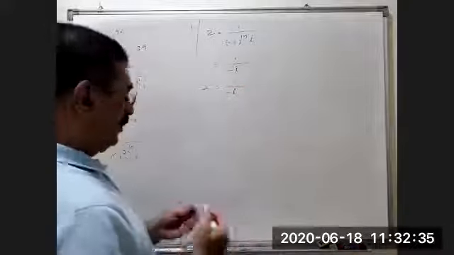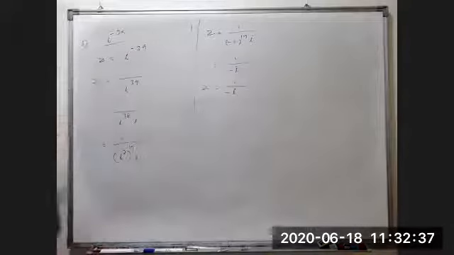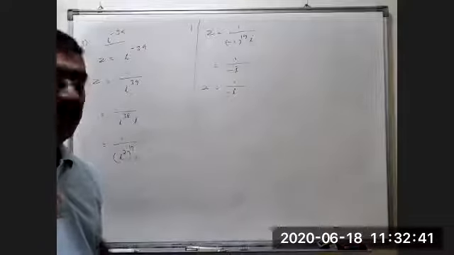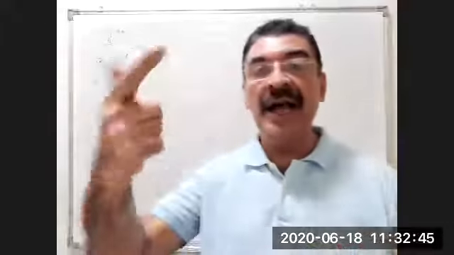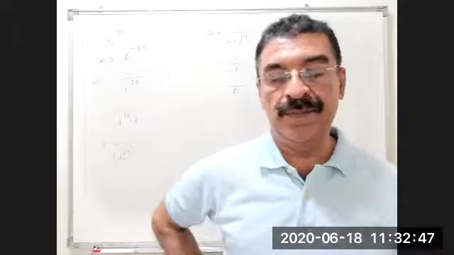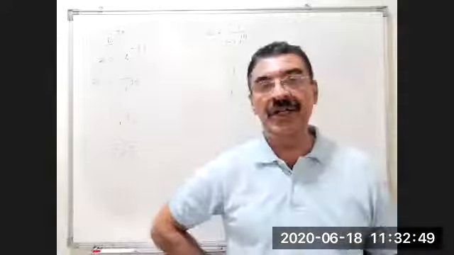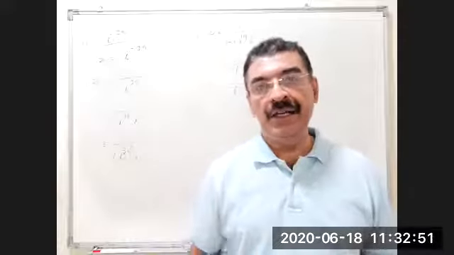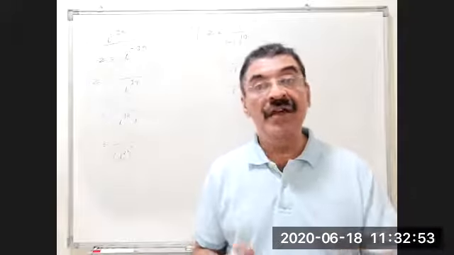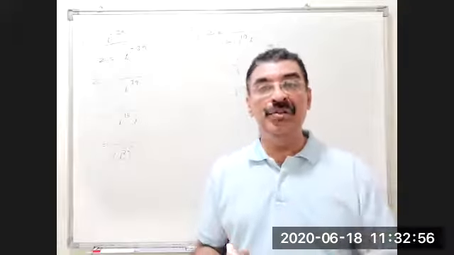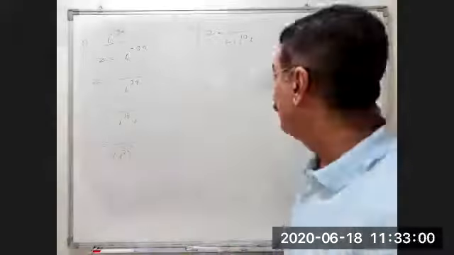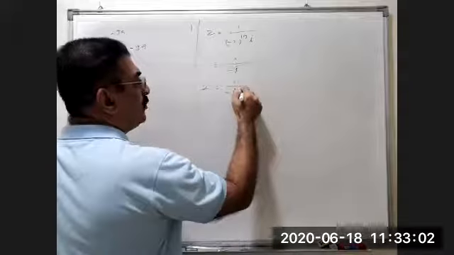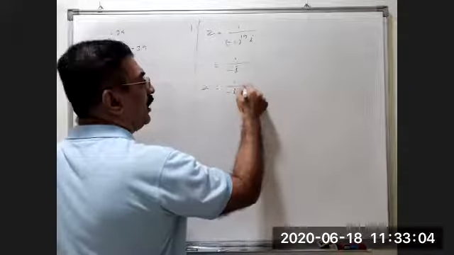See again, like in rationalization, we never keep I in the denominator. In any expression, we never keep I in the denominator. So whenever I comes in the denominator, what to do? Multiply it with one more I, like rationalization.